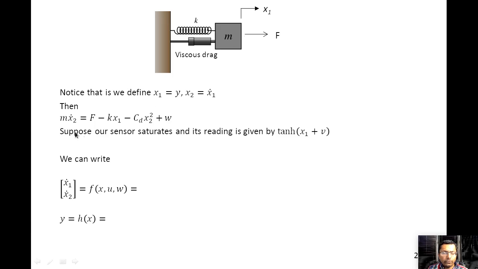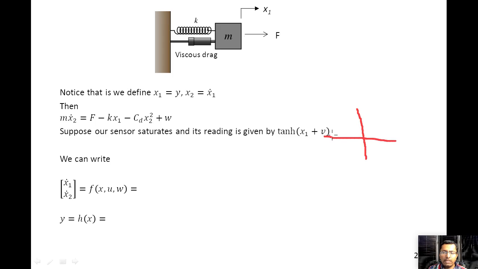In this case, we are also imagining that rather than have a linear sensor, you have maybe a magnetic sensor or some other sensor which actually saturates, and we have the equation that the saturation is tanh of x1. If I draw this function, it's going to look something like this.